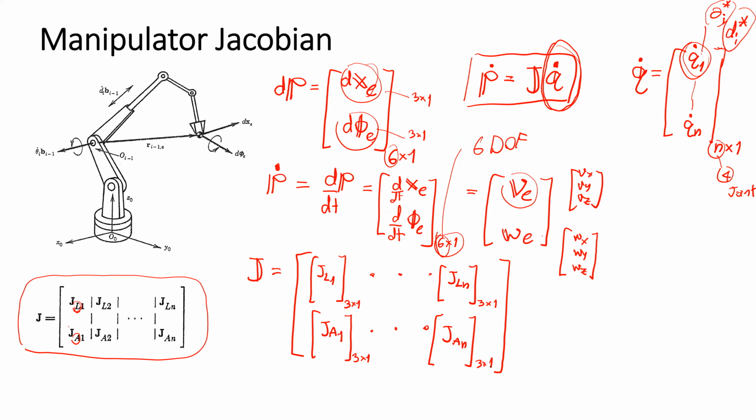So finally, the dimension of the Jacobian depends on the number of joints, n, and the dimension of the full matrix will be 6 by n joints.